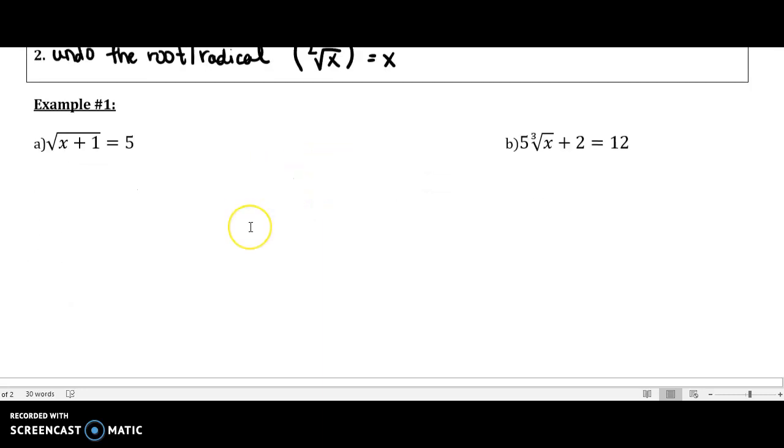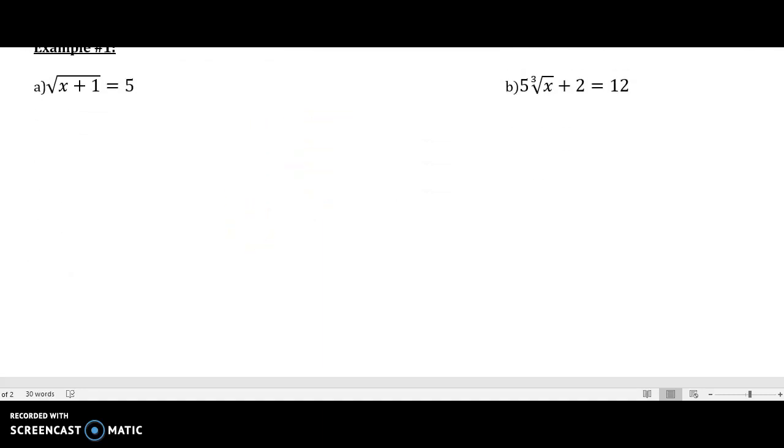So if I look at example 1, okay, remember my first step is to get the radical by itself. Well, it is already by itself. There's nothing in front, there's nothing behind it, just the equal sign and 5. So we are good to go for step 1.